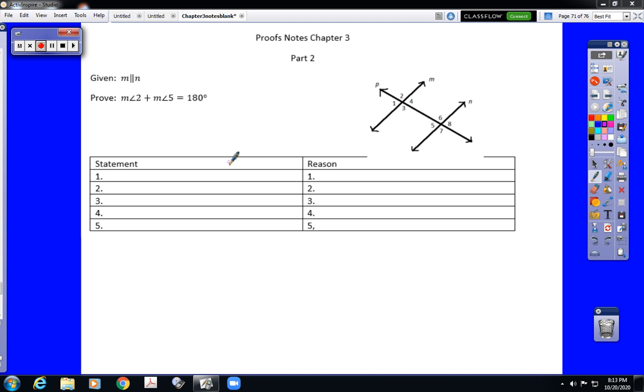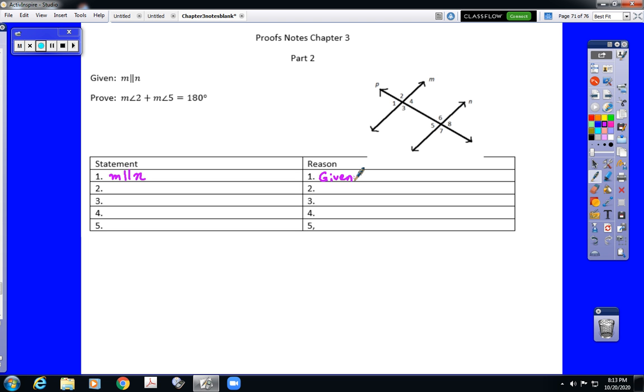So here we go. Once again, anytime we do a proof, we always start with the given. The given is that line M is parallel to line N. That is our given. Now, if M is parallel to N, that means that all of our theorems and postulates apply.